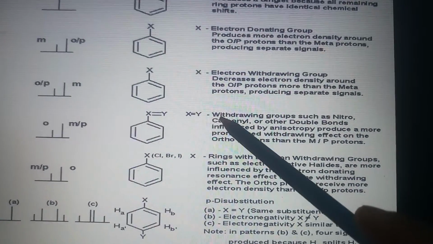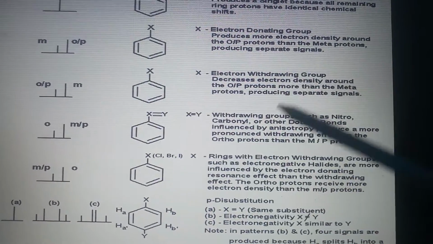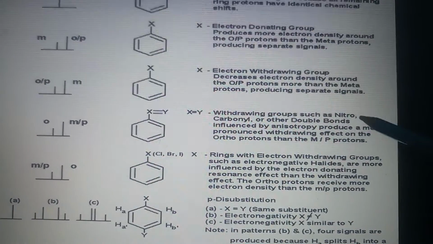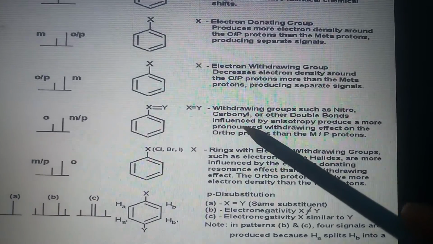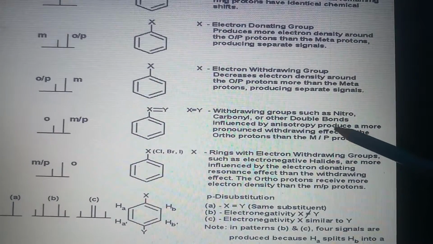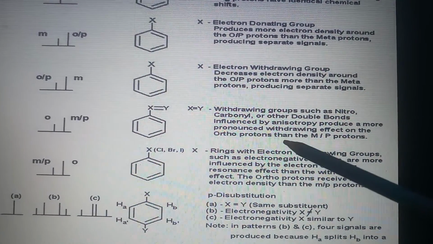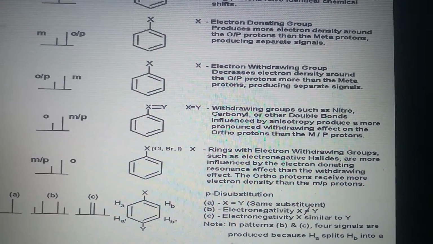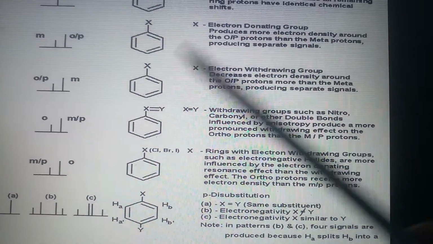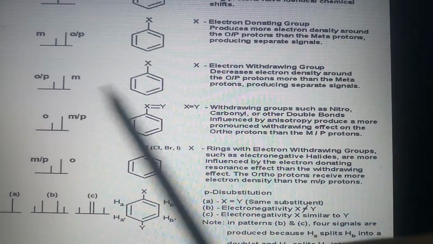When X is a withdrawing group such as nitro, carbonyl or other double bonds, influenced by anisotropy, it will produce a more pronounced withdrawing effect on the ortho position than the meta and para protons. Ortho will be much more deshielded.